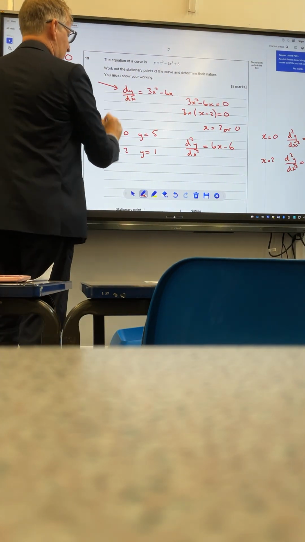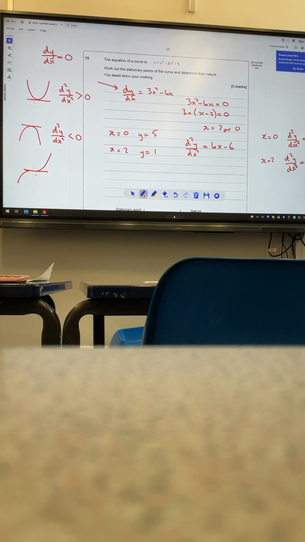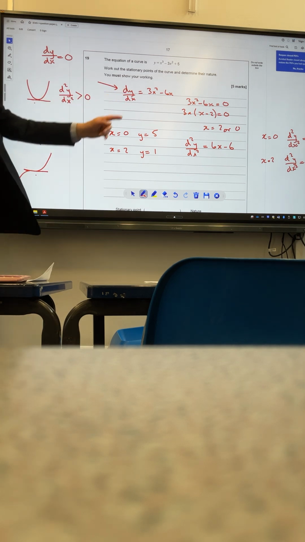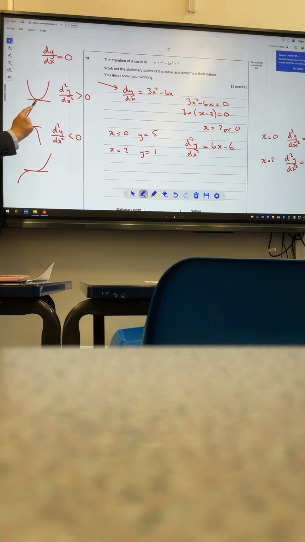The alternative, just in case you get one that's equal to 0. If you get one that's equal to 0, then instead, just come back to your dy by dx. And you put in a value of x for your dy by dx just before your turning point, your stationary point, and just after.